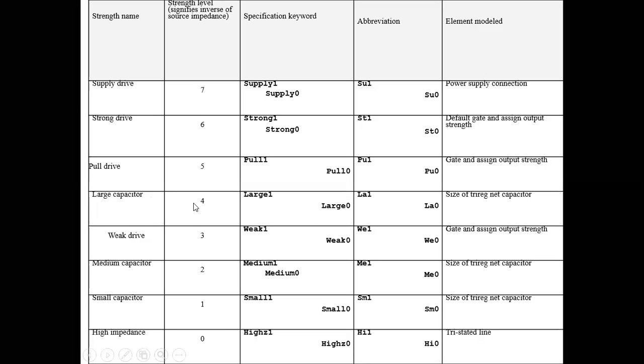Large capacitor, strength 4, we indicate as large 1 and large 0, LA1 and LA0. It's for tri-registered net capacitor. Weak drive, its strength is 3, and it is weak 1 and weak 0, W1 and W0.